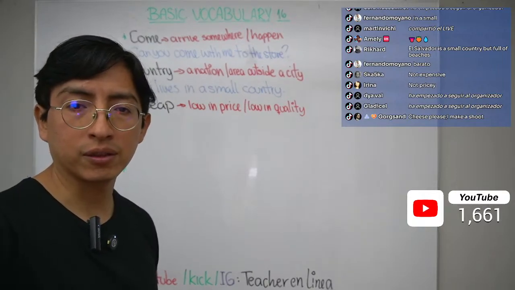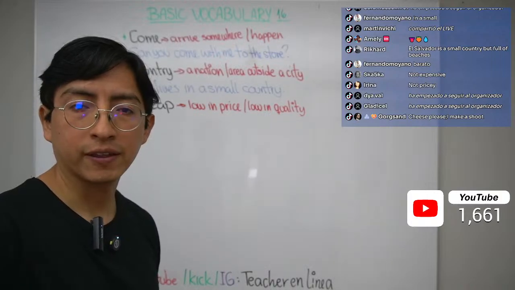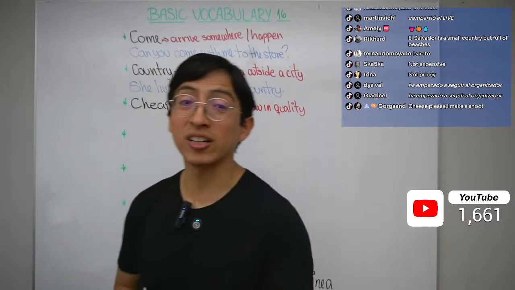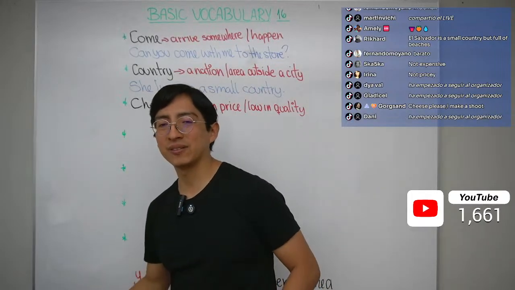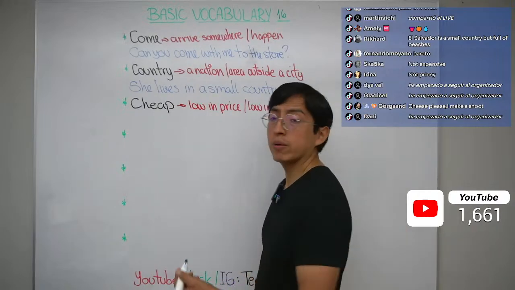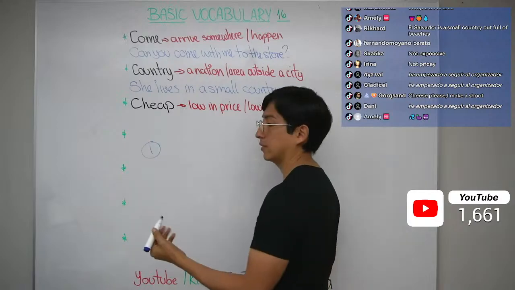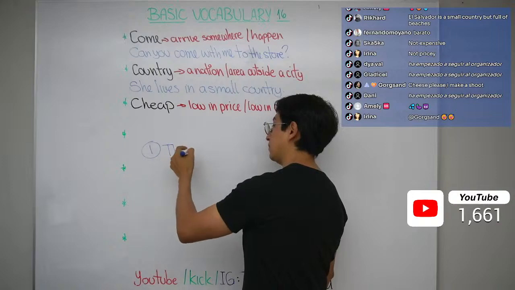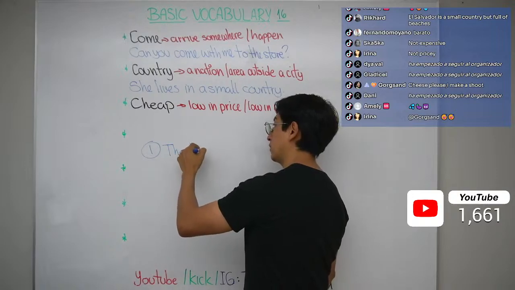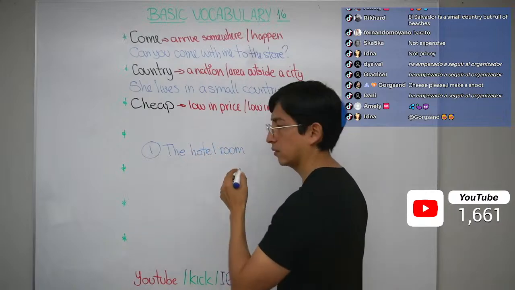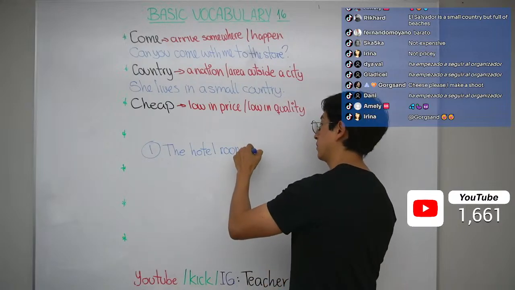Okay, let's see. Give me a second, please. Okay, not pricey, not expensive. Yeah, that's right, that's a good definition. So, guys, let's start with the first example here. Low in price. We can say here, for example, that the hotel room was cheap.